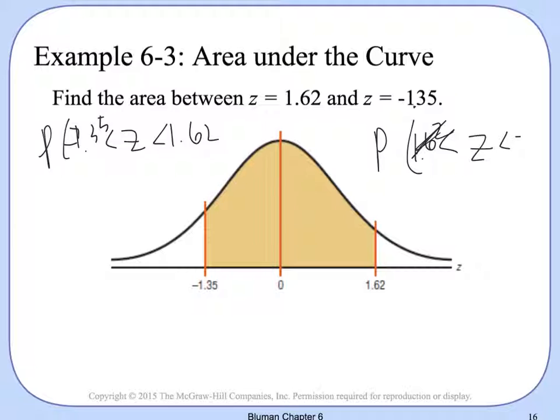Okay, here you guys. Stephanie, are you there? We can't. Yeah, sorry, I couldn't read that very well. Oh, okay. There you go. This is negative 1.35 to 1.62.